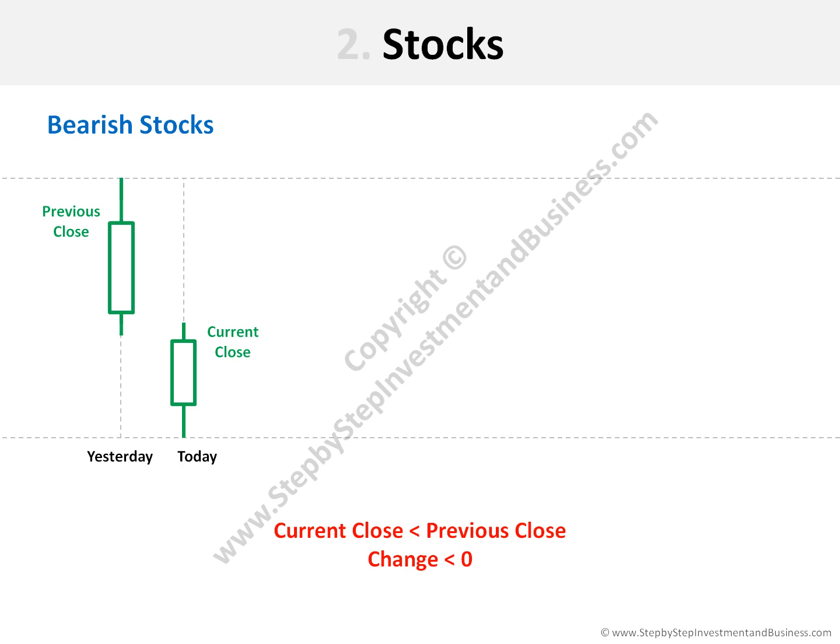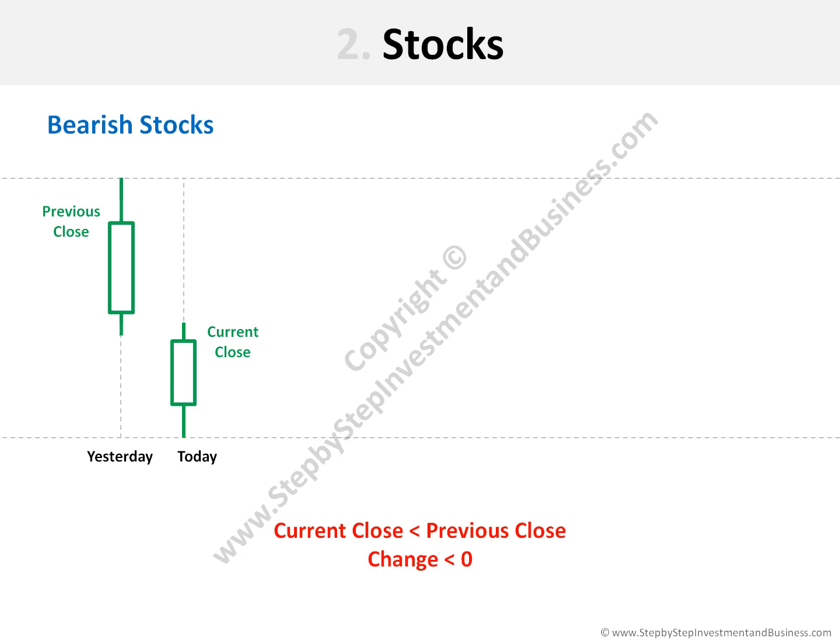In the same way we had previously seen, on the left, we have the candlestick that represents the stock prices of yesterday, and on the right, we have the candlestick that represents the stock prices of today. In this case, as they are green candlesticks, the top end of the body represents the close.